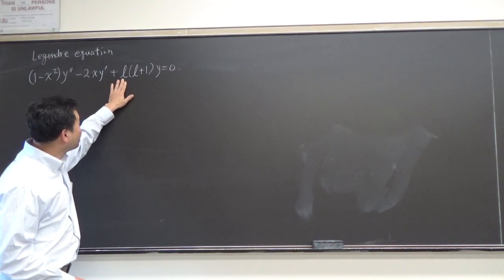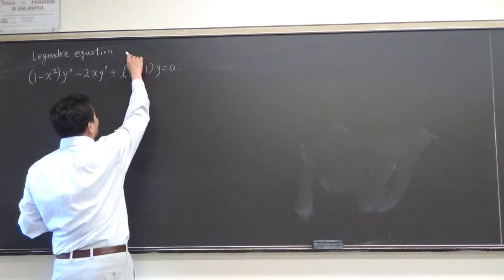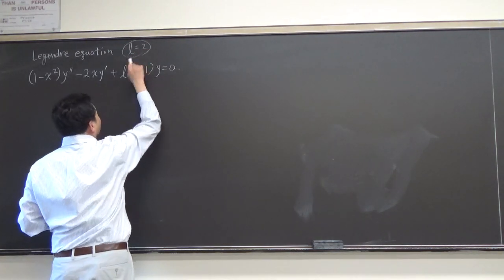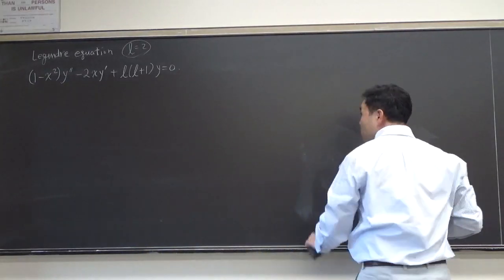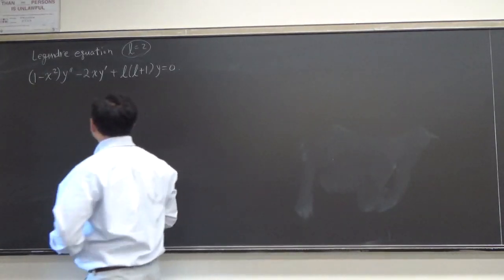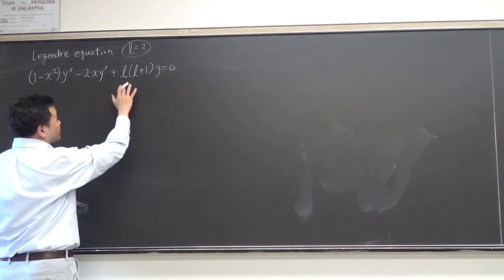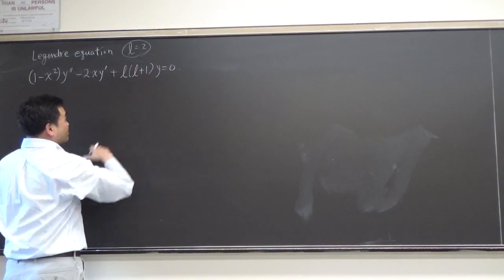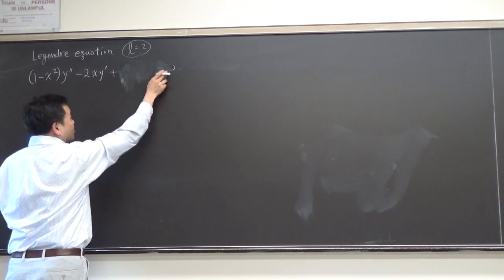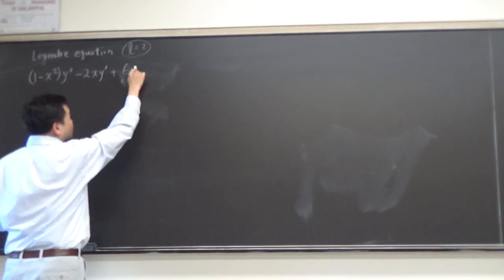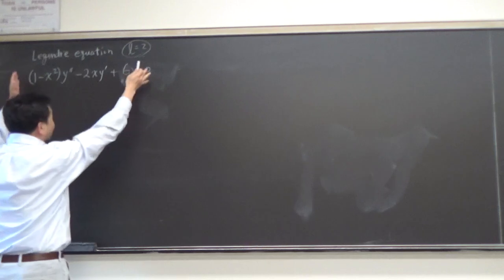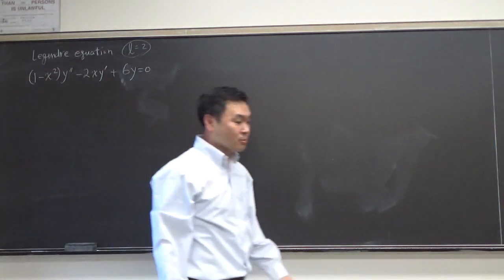So let's say L is 2. Let's say we want to solve the Legendre differential equation for L equals 2. In that case, it's 2 times 3, which is 6, right? So we'll try to find the general solution to this equation.